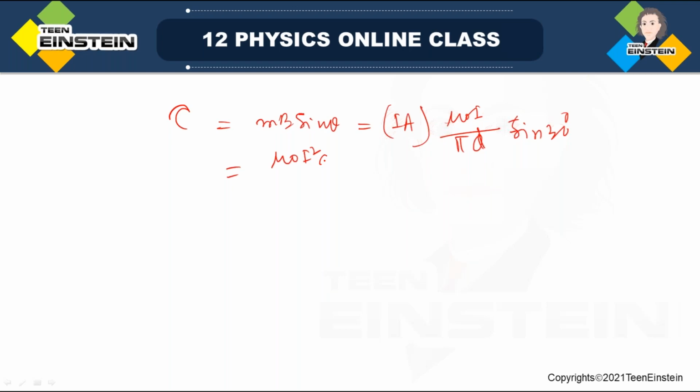The wire located at x equal to plus r carries constant current I1, and the one located at minus r is carrying a current I2. These are I1 and I2.